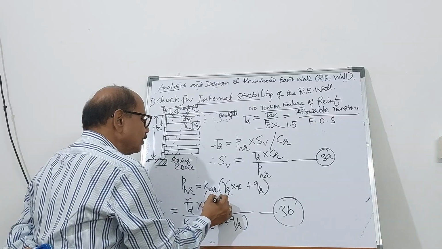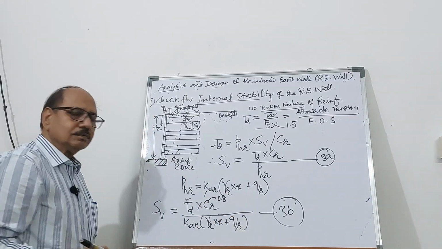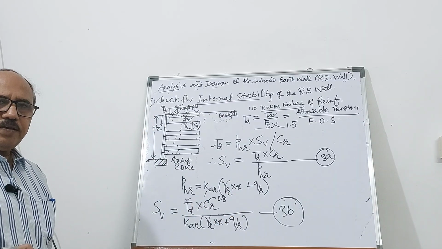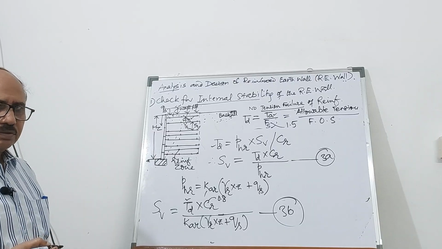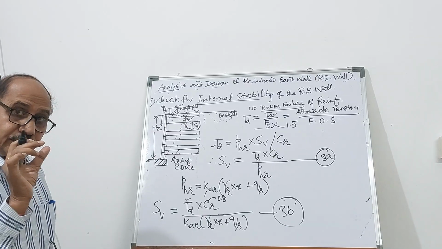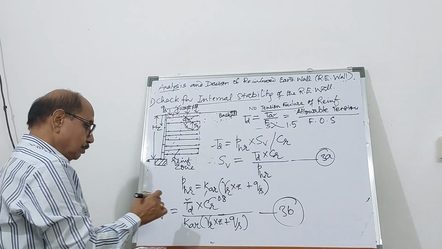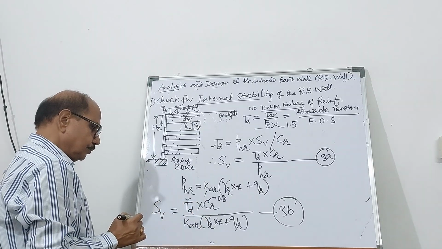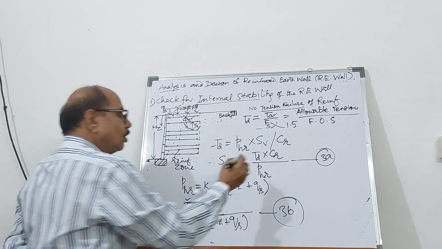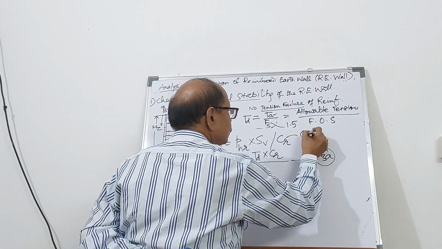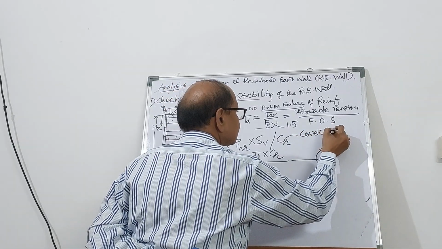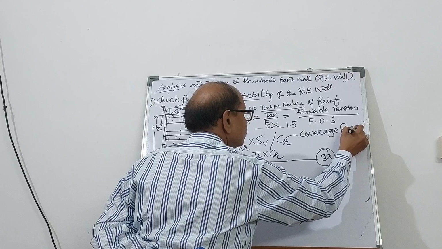Coverage ratio normally is 0.8. You can find out the coverage ratio depending upon the holes. This is called coverage ratio.